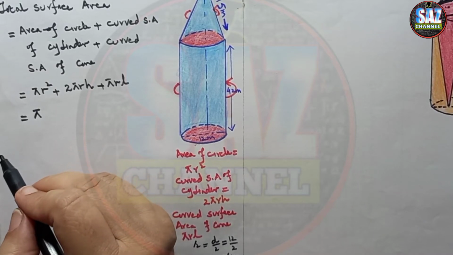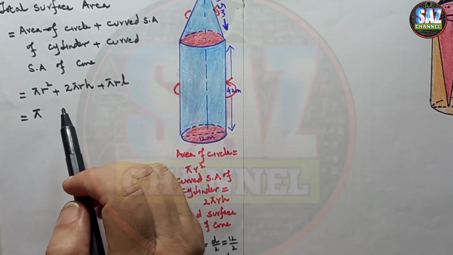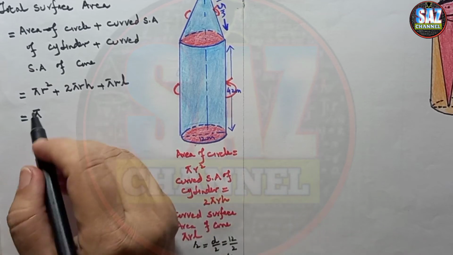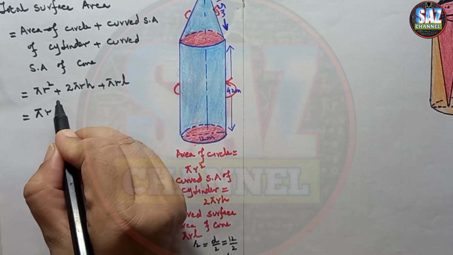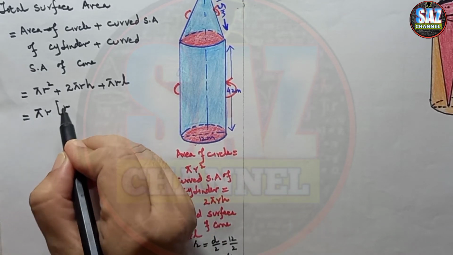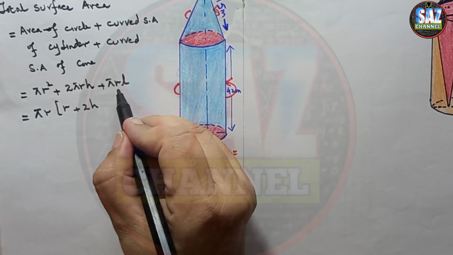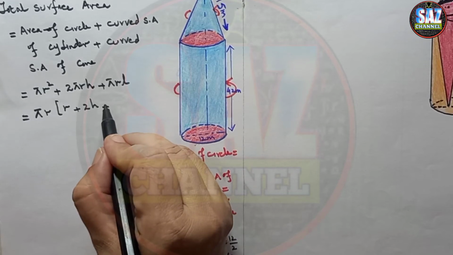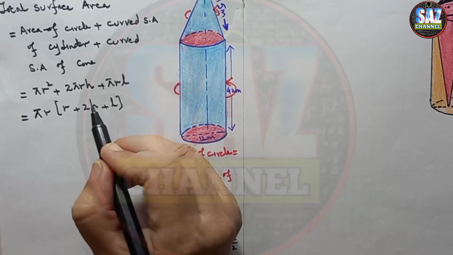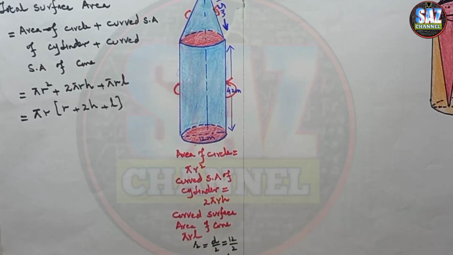And again r is same, so we can extract r out, pi and r, and I will be left with r plus 2h plus l. This is one of the easy steps, and it can make your calculation easy.